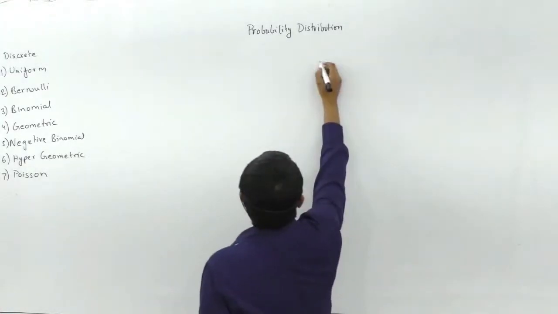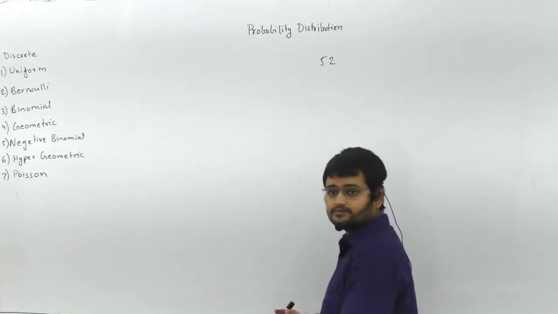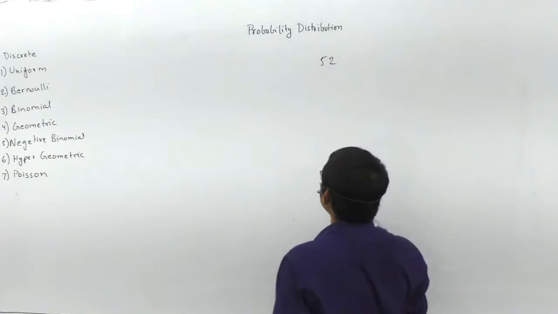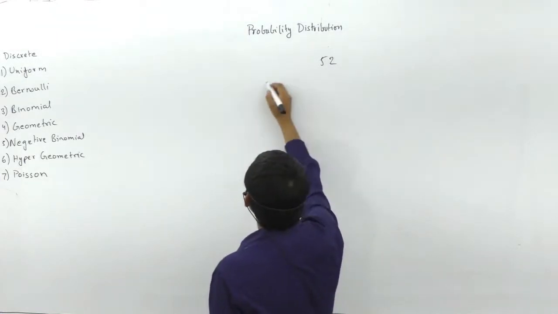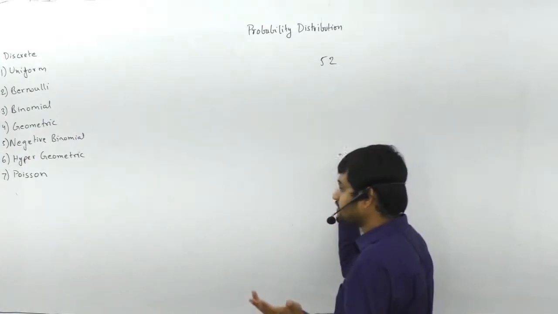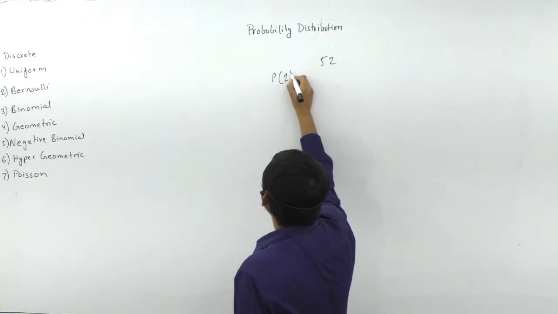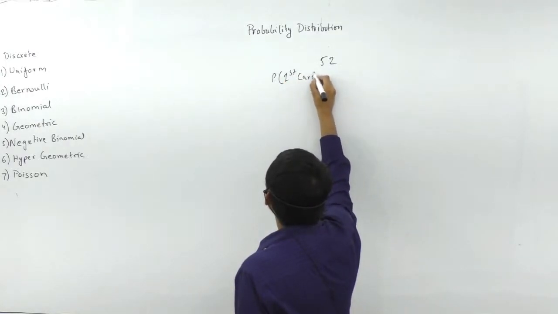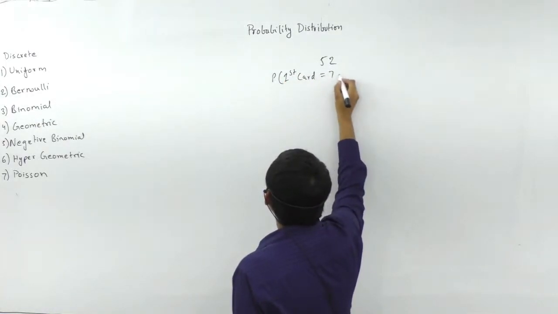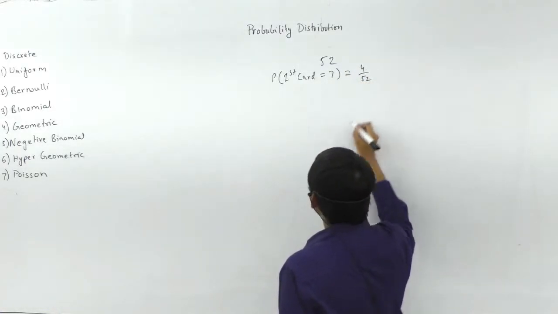Let's say the probability of the first being a 7, where getting a 7 is a success, is 4 by 52.